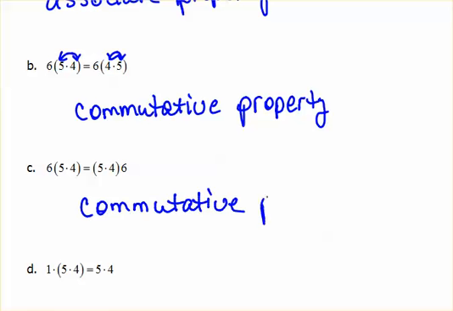Hope you got those 3, because if you did, those were a little tricky, so very good for you. Here we are actually changing the order. The 5 and the 4 are not changing places, but instead of being multiplied on the right to the 6, it's being multiplied on the left to the 6 on the other side of the equal sign. So those are actually switching places, making that the commutative property.